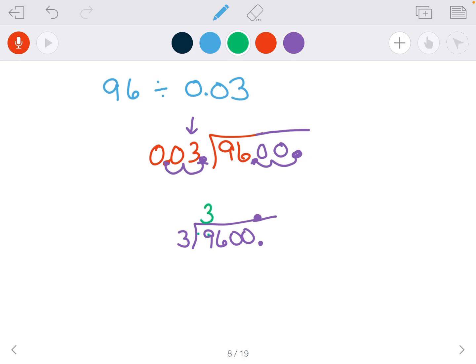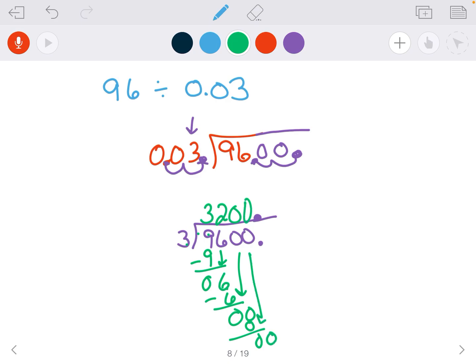So 3 times what gives me 9? 3. So 3 times 3 is 9. Subtract, 0. Bring down my 6. 3 times what gives me 6? 2. Without going over, 3 times 2 is 6. Subtract, 0. Bring down the next 0, and that is a 0. Bring down the next 0, and that is a 0.